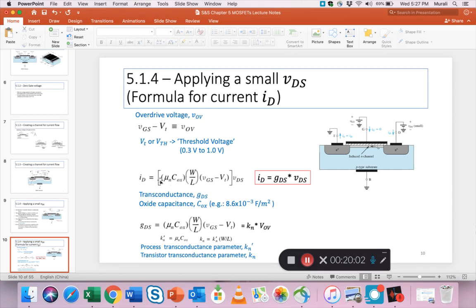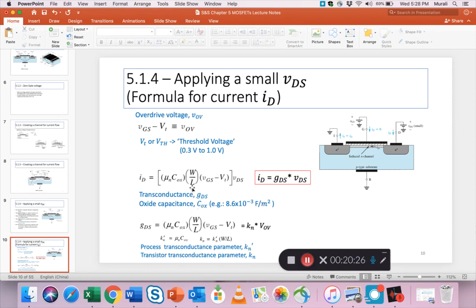So you have this electron mobility, mu n. You may remember this; we studied it in the first chapter on semiconductors. Then there's something called COX, also called oxide capacitance. It's actually capacitive density, not in farads, but in farads per meter squared. So this is another factor that appears in the formula.